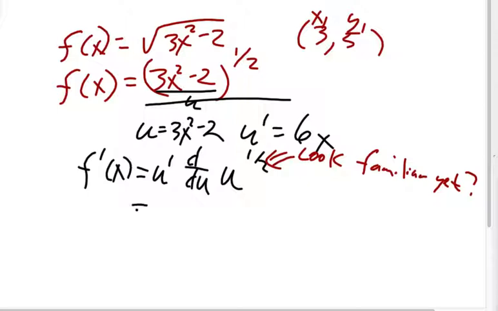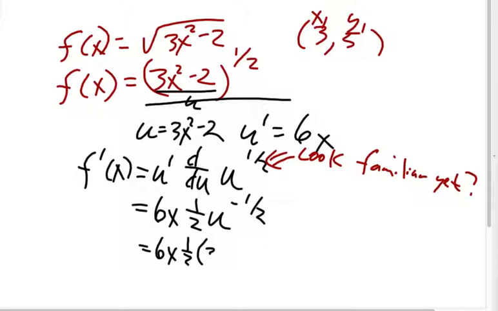Now we plug back in. U prime is going to be 6x. U to the 1/2 will give me 1/2 u to the negative 1/2. And now I plug in for u, times 1/2 of (3x squared minus 2) to the negative 1/2.